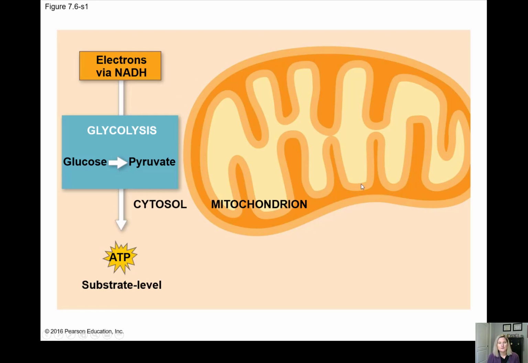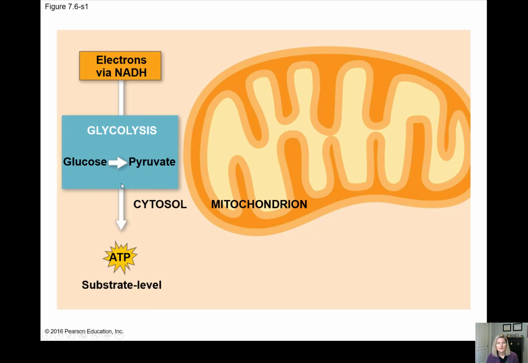So with cellular respiration, we have those 3 phases: glycolysis, the Krebs cycle or citric acid cycle, and oxidative phosphorylation with the electron transport chain. Let's start with glycolysis. This occurs outside of the mitochondria. You can see the mitochondria right here, so we're in the cytosol. This is where we take that molecule of glucose that we've consumed and break it down into 2 molecules of pyruvate.